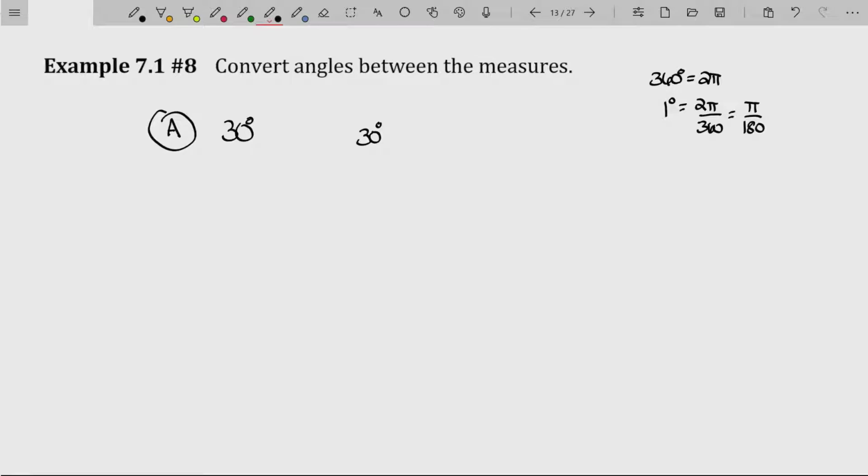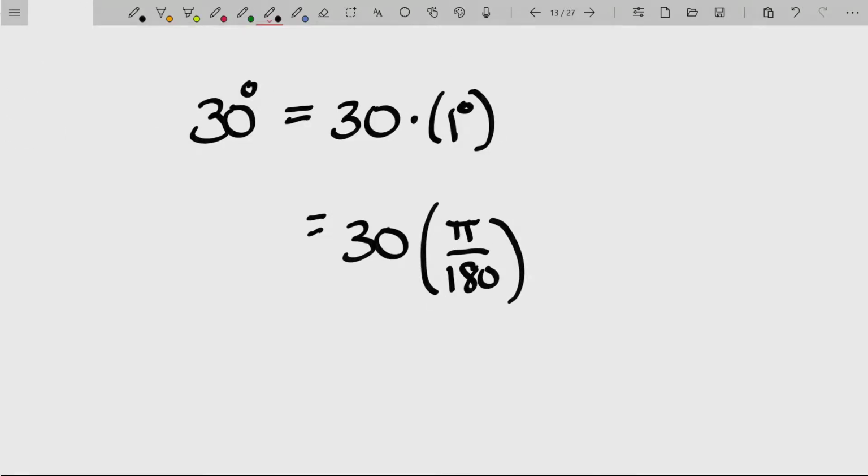And that's how I would always do it when I was a student. I would just say, well, this is 30 times 1 degree. But I know that 1 degree is the same thing as pi over 180 radians. And pi over 180, let's see, 30 goes into 180 6 times. So this is pi over 6.